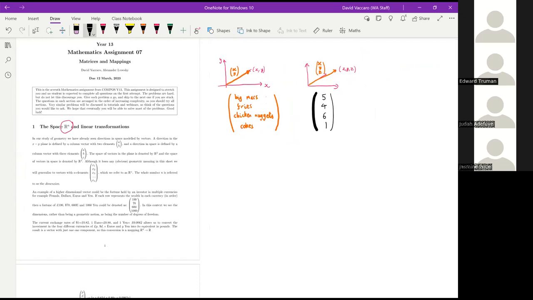Now, what also we can do once we've got vectors in Rn is we could imagine some sort of transformation.